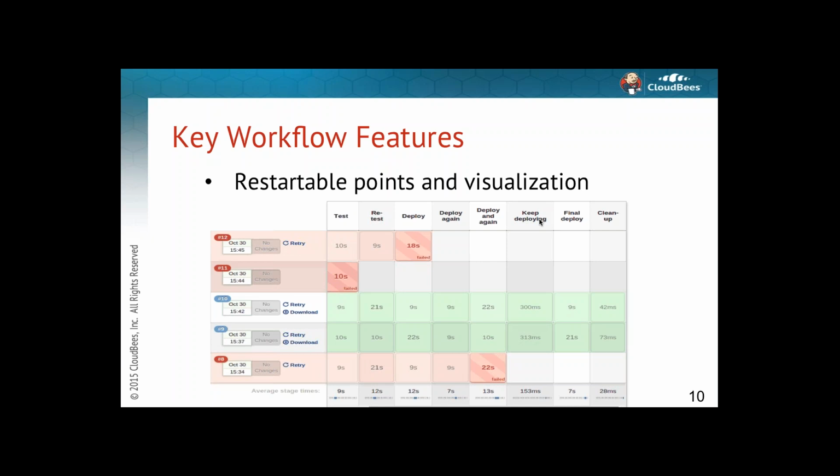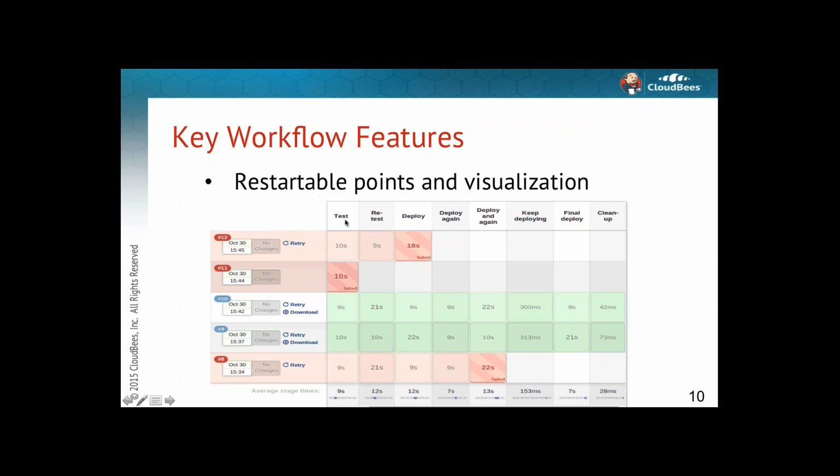The other advantage is something called the workflow stage view. This is a part of the CloudBees Jenkins platform, and what it does, as you'll see today, is visualize in real time each run of your particular workflow. Anybody who's used Jenkins before is familiar with the idea of blue balls. In this case, you'll have blue numbers to represent the build number. So here, this is run number 8 of my workflow, run number 9, 10, 11, 12, and each run is represented as a row in this chart.